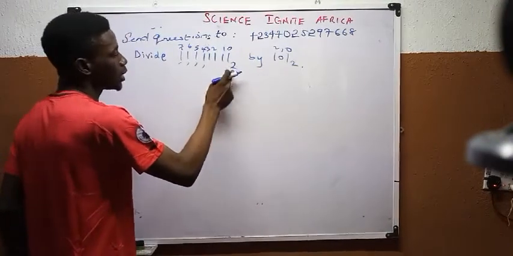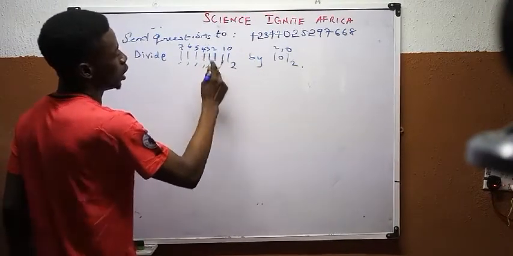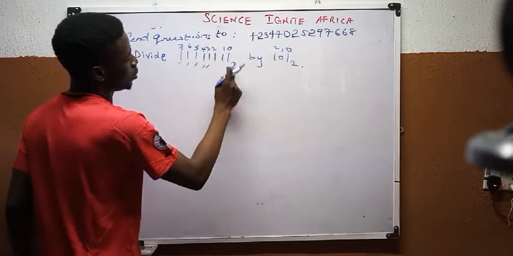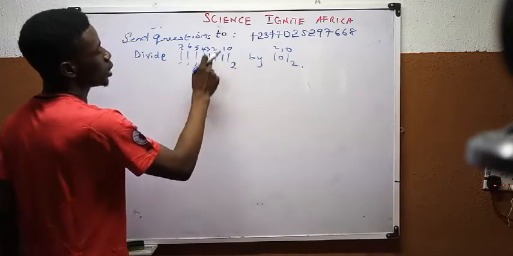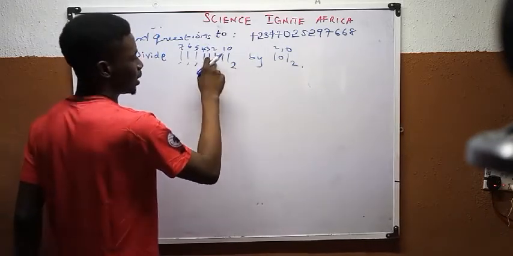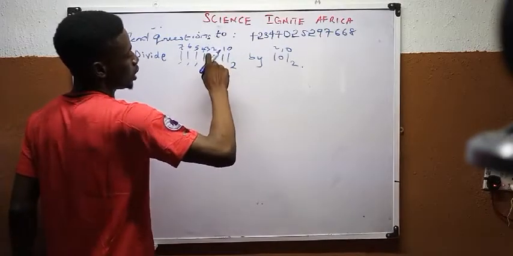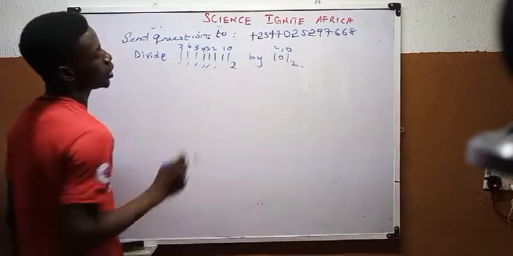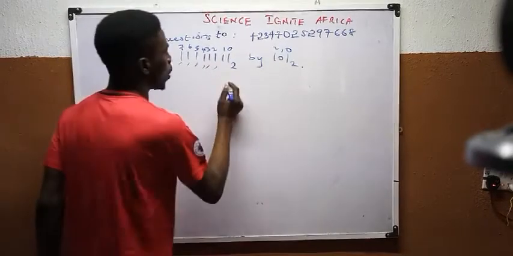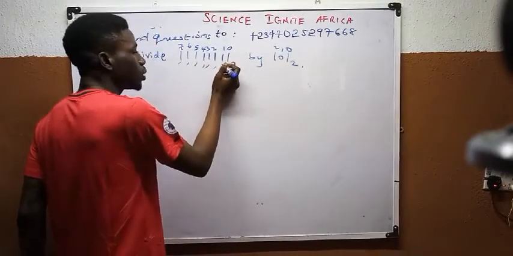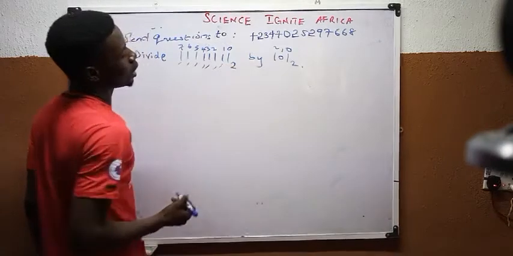Then 15 times 2 is 30. 30 plus 1 is 31. So 31 times 2, that's 62. 62 plus 1, that's 63. So this one 2 is gone. Then 63 times 2, that's 126. So 126 plus 1.